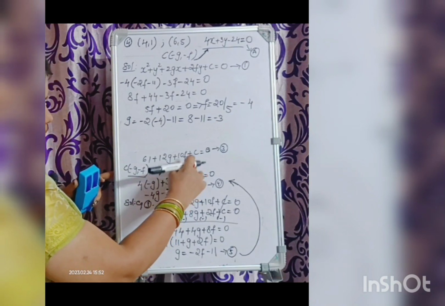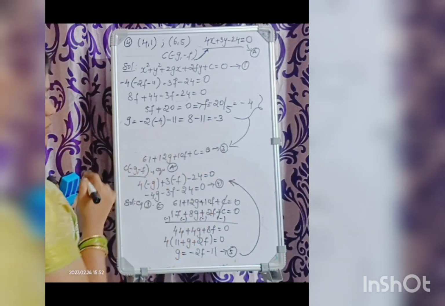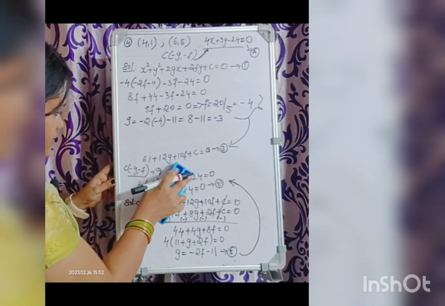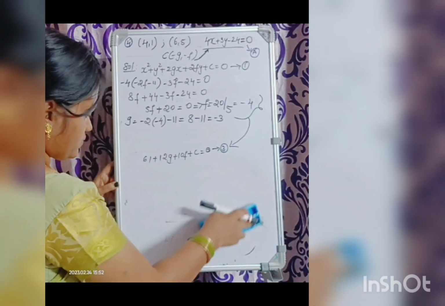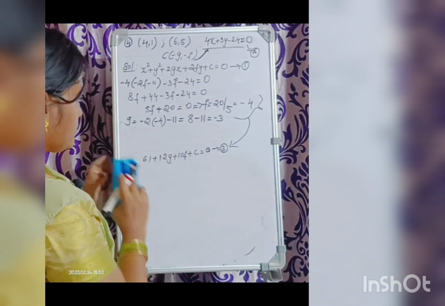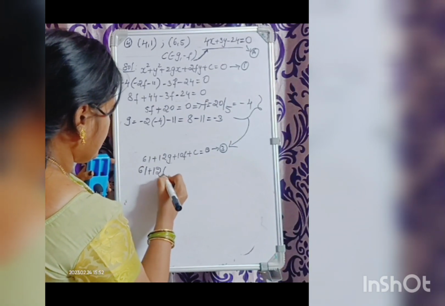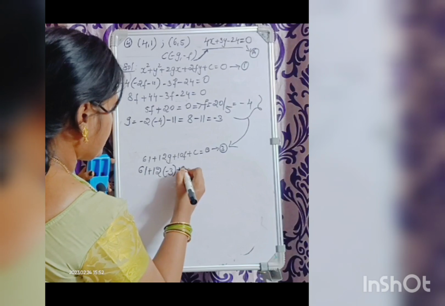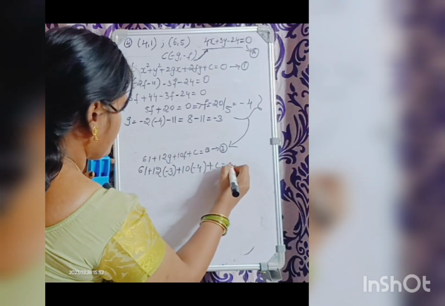Substitute in equation 3. So substituting these f and g values in equation 3, what we'll get is 61 plus 12 times g, which is minus 3, plus 10 times f, which is minus 4, plus c is equal to 0.